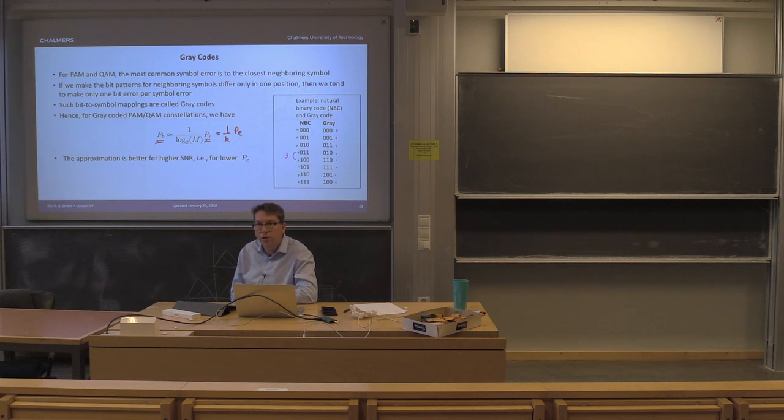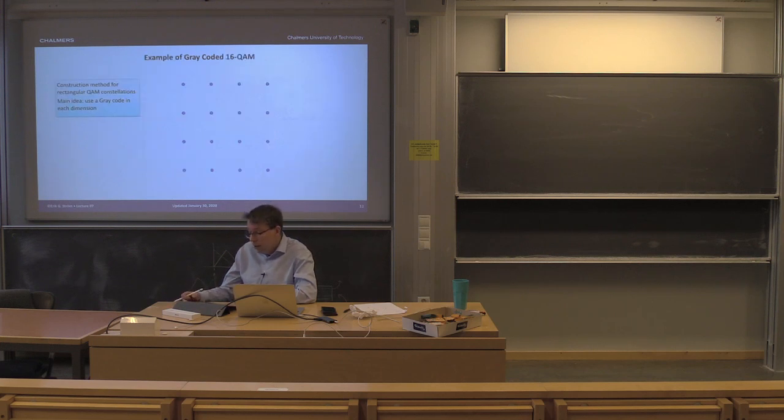Questions on this? In the project, you will be asked to build a pulse amplitude modulation scheme that reaches a certain bit error probability. And maybe now you have a few hints on how to label your symbol points.